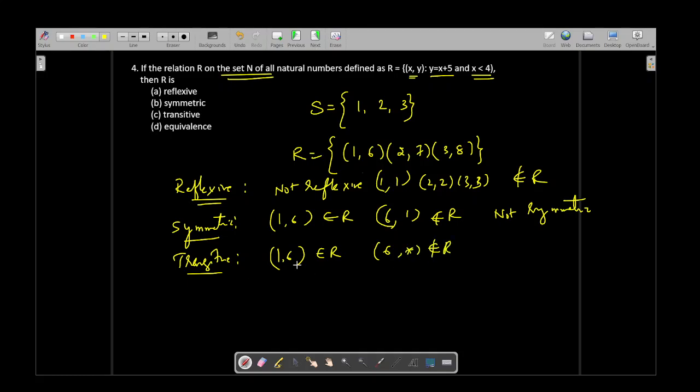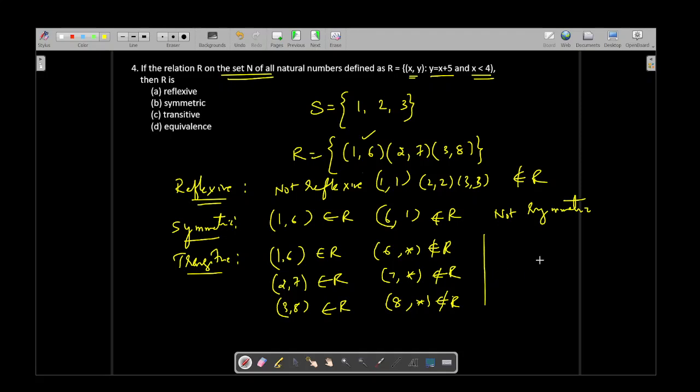So it is enough to say this satisfies transitivity for the first element. So we'll check for the second element. 2 comma 7 is a member of R, but there are no elements which start with 7. Similarly, we have 3 comma 8, which is a member of R. There is no ordered pair which starts with 8.